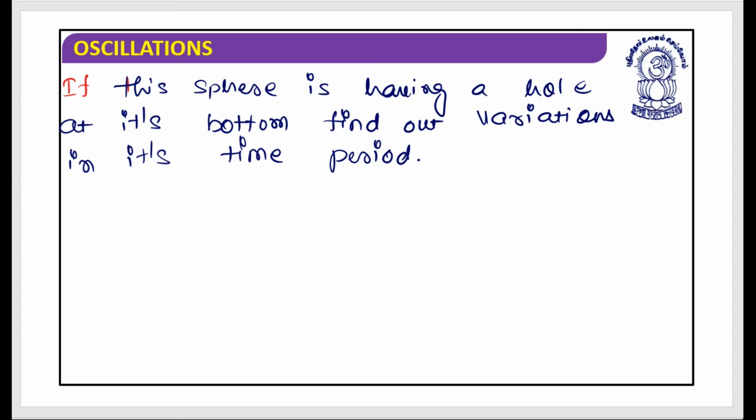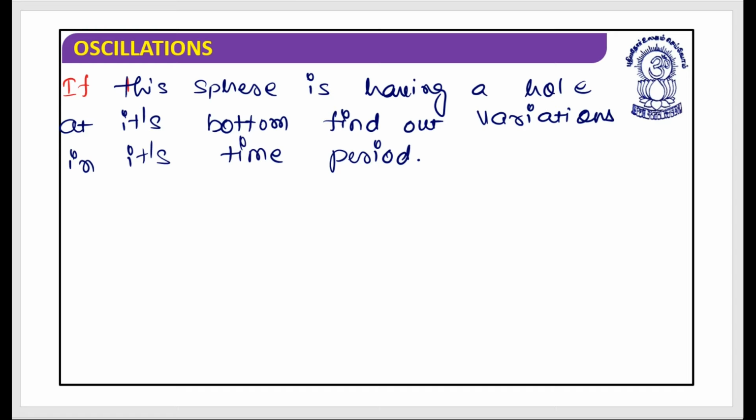How will you do this? They said they have made a hole at the bottom, and if the hole has been punched at the bottom, then what would be its time period? How shall we do this? What do you think?